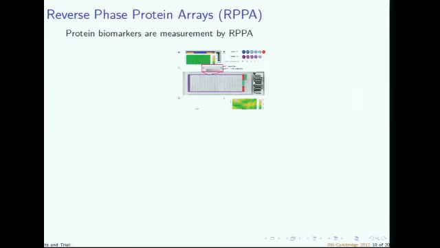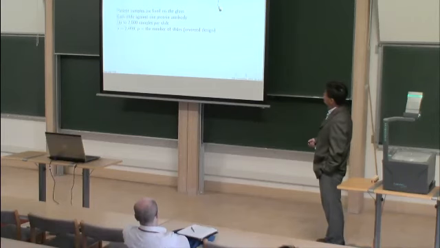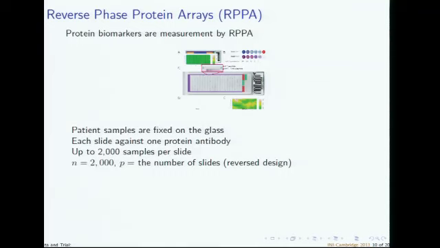And there's just some special thing about the measurement of the proteins, which I would touch upon, because I think it would be nice to convey this new technology to you. It's called RPPA, reverse phase protein arrays. It's a specific type of tissue array for measuring protein expressions. And unlike the usual traditional classical microarrays, which put genes or protein probes on the glass slide, this type of technology puts patient samples, which contain the reservoir of the proteins, on the slide.